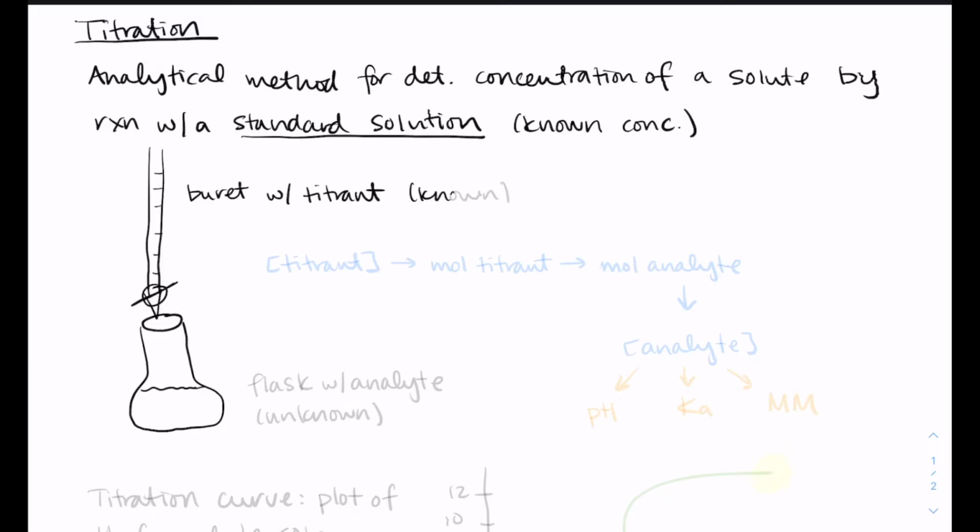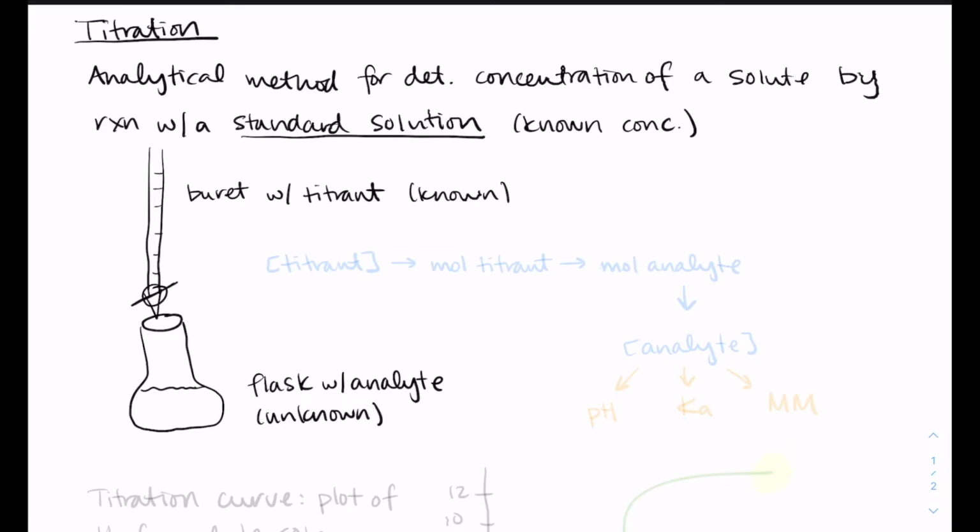And then in usually an Erlenmeyer flask, you'll have your analyte. Usually this is the unknown, and right, known, unknown, done. Now we can just figure out what we need to do to mix these together and find out information about the unknown. So a burette measures volume.